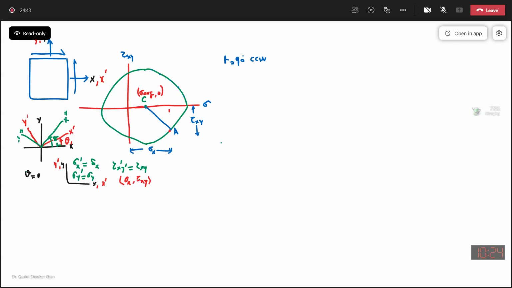Okay. Now this is your actual element. Now I will draw the figure in which the element is rotated by 90 degrees counterclockwise.